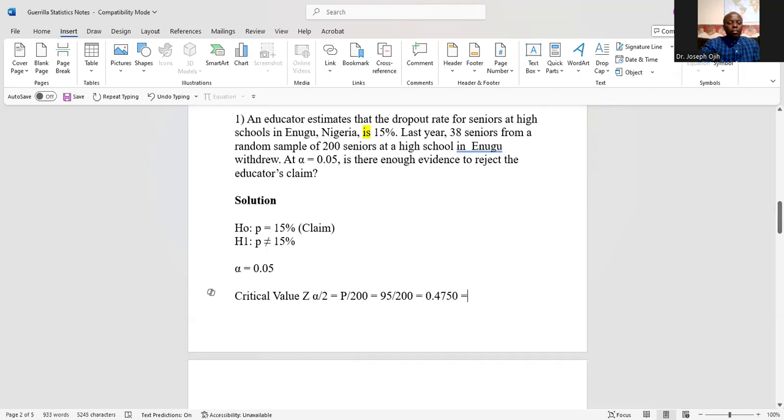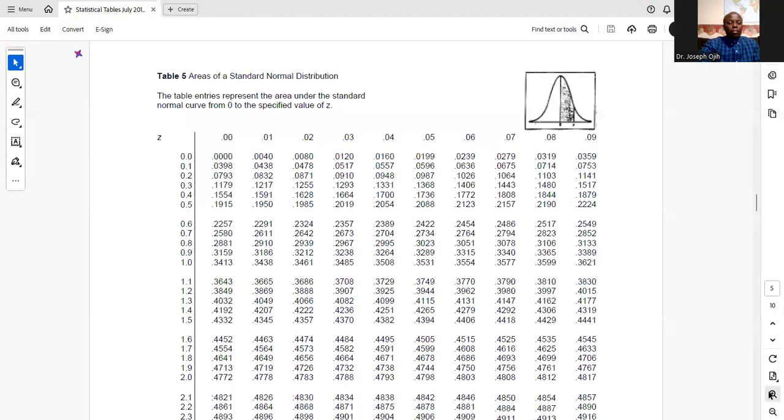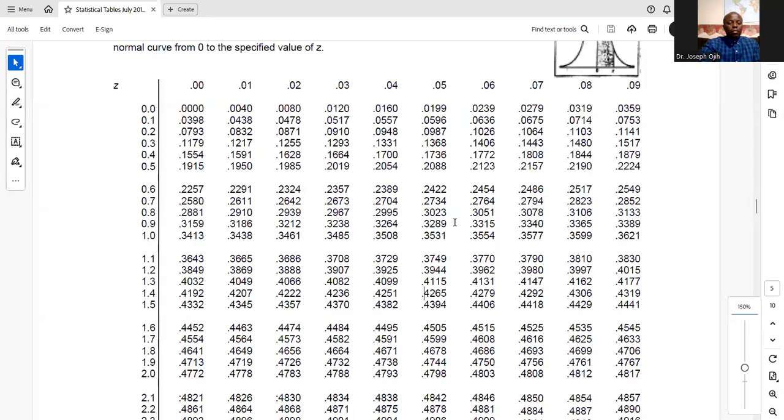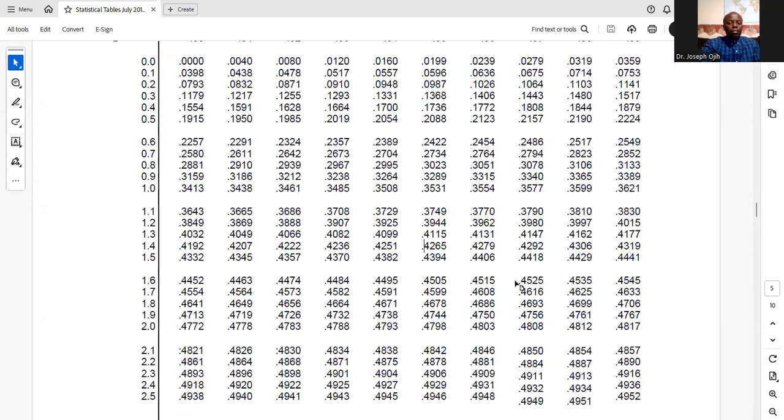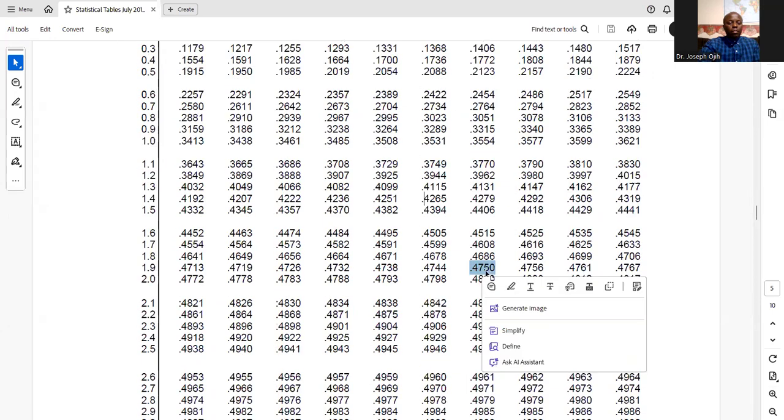So look at 0.4750. Let me make it a little bit bigger. I'm sure you're seeing this. You can see right here, 4750. And you follow it to the left, all the way to the left: 1.9.